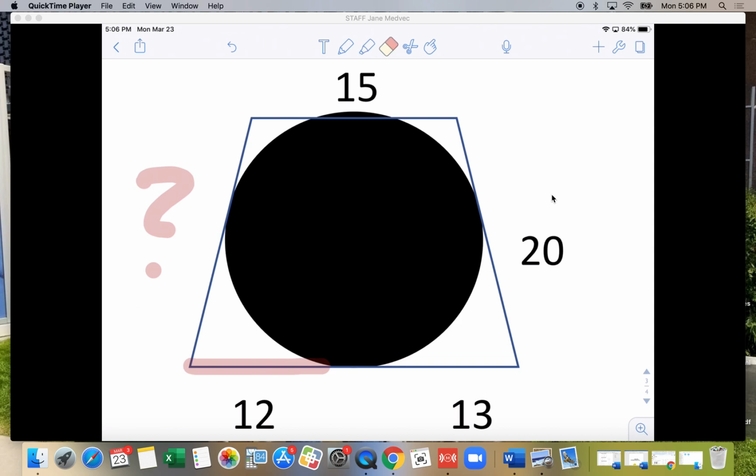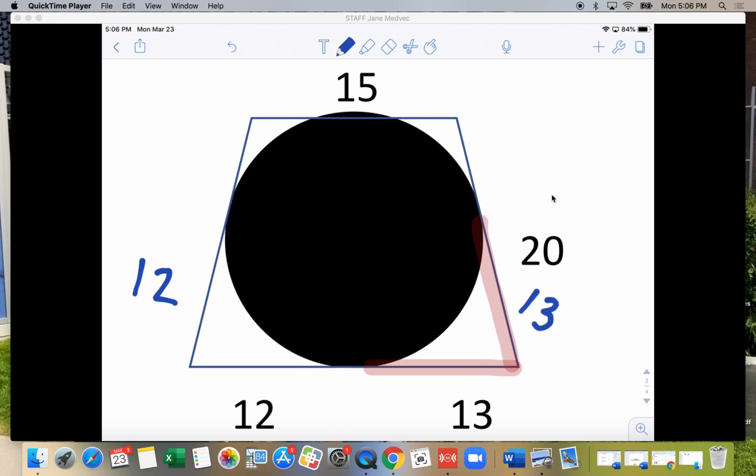What I can do is say this part right here, which is tangent to the circle, and this part up here, which is also tangent to the circle, this is 12. I know that, let's keep going around. I know that this is 13, and I know this part right here is 13.